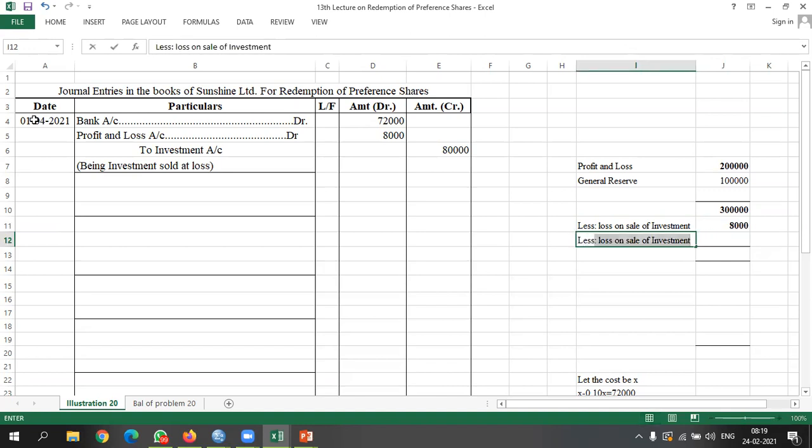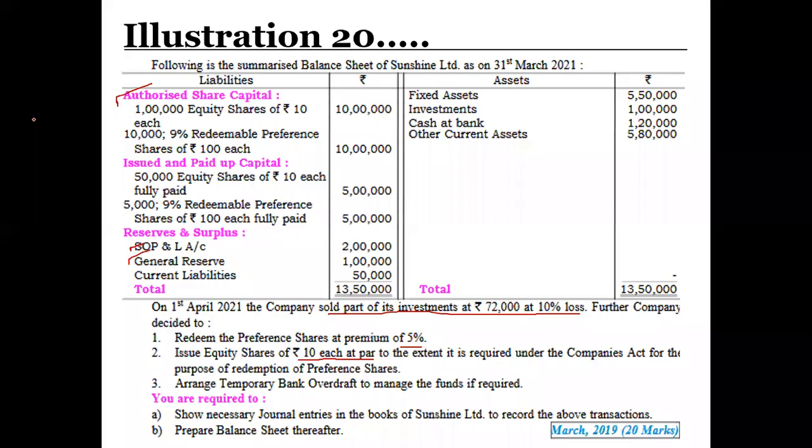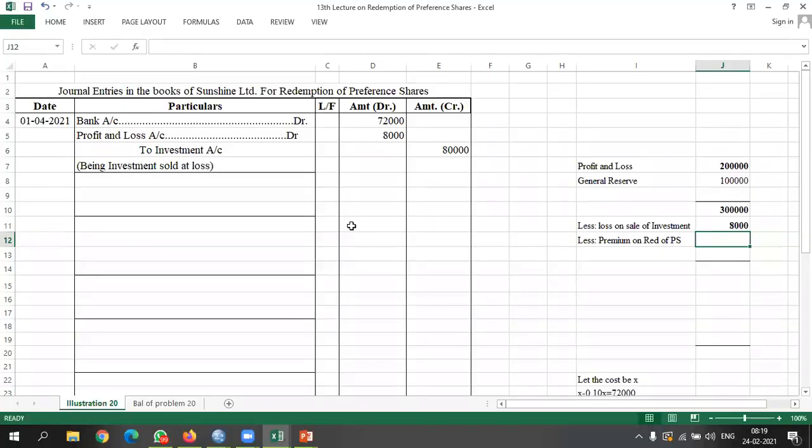So I will deduct less premium on redemption of preference shares. I'm going to redeem my preference shares at 5% premium, and the total preference share capital I am going to redeem is 5 lakh. So 5% of 5 lakh comes to 25,000.